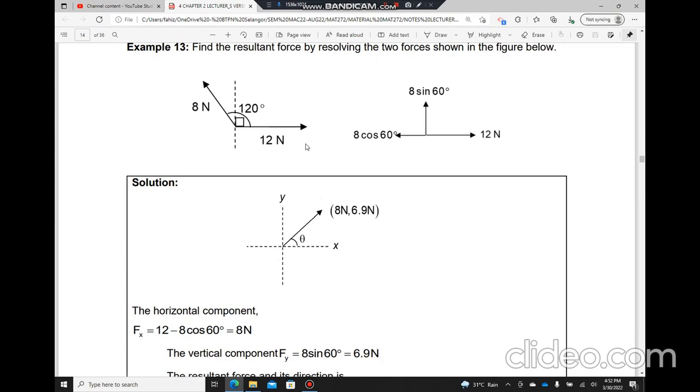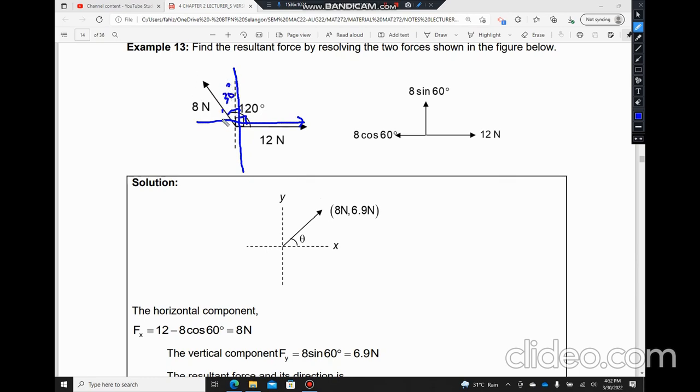Okay, so kita nak cari Fx and Fy dulu. Okay, how to find Fx and Fy? Okay, first dekat sini katakan saya buat dalam bentuk coordinate system, paksi Y dan paksi X. Okay, kat sini kita akan dapat this one is 90 degree. So kat sini 30 degree.